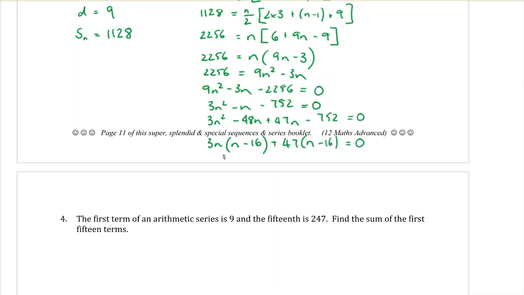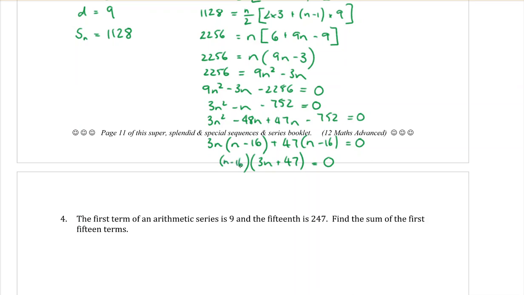So the n minus 16 is a factor, and the 3n plus 47 equals 0. So it's factorized. To solve that using the null factor, there's a 16 in there.